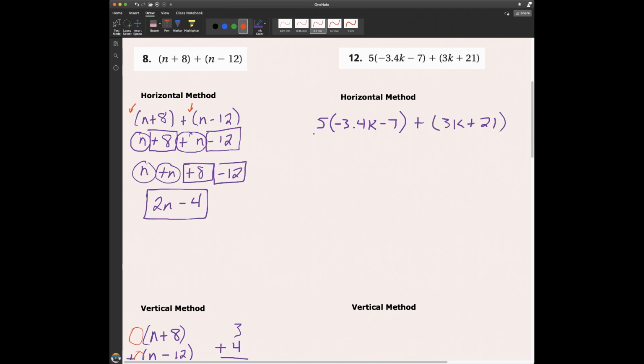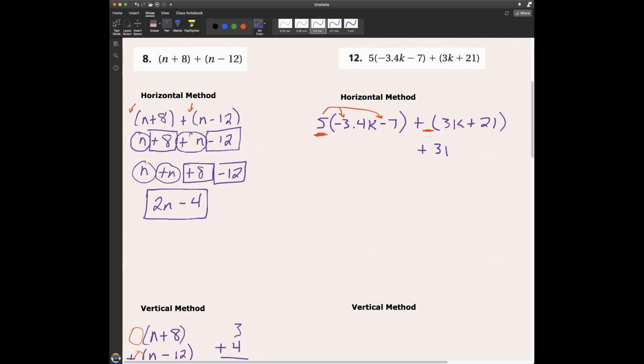Well, if I look, there is a number that's in front of this linear expression. So I need to use the distributive property for this linear expression. Here, there is no value in front of this linear expression, so I can go ahead and I can drop the parentheses. So let me do that for this part.